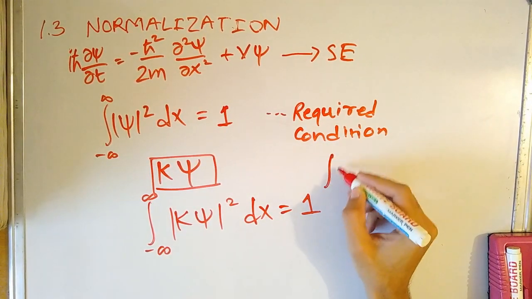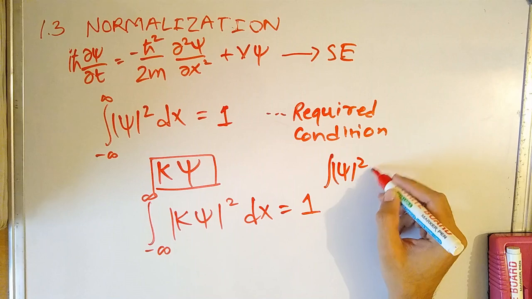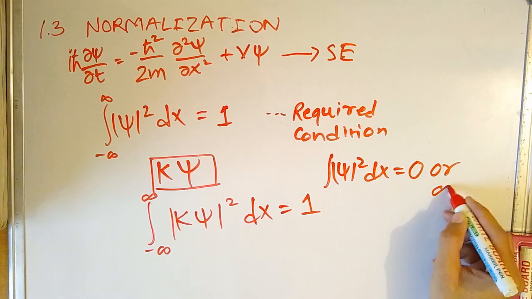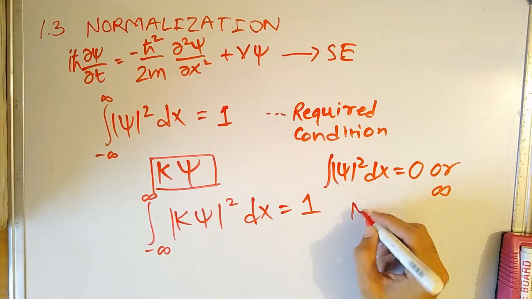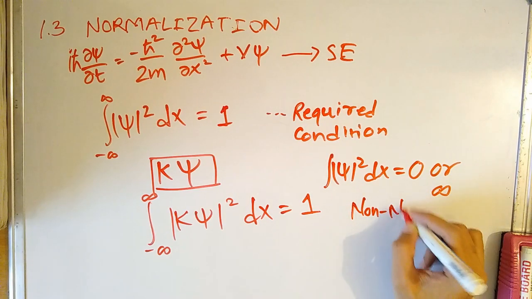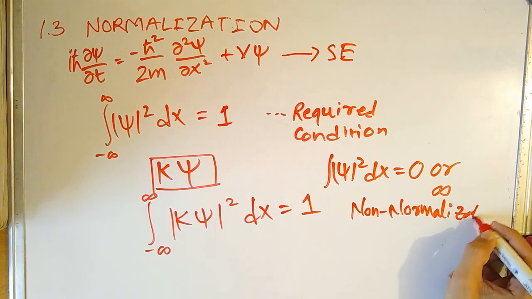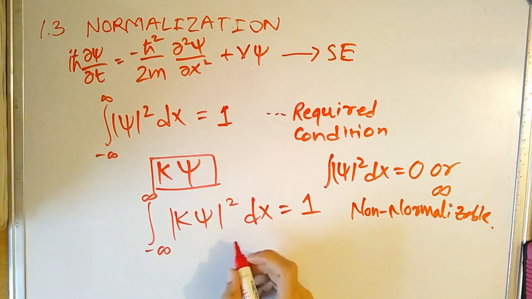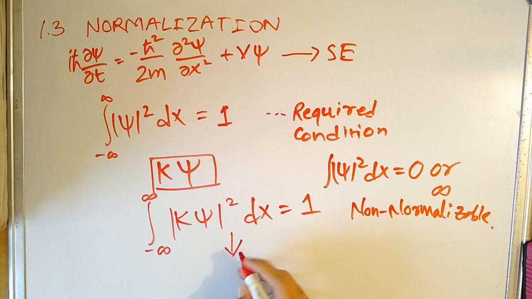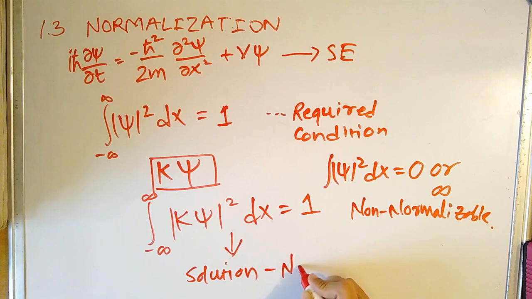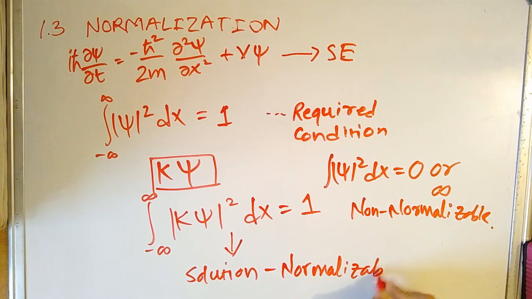If the integral of psi square dx is 0 or infinity, the solution is non-normalizable, and if it satisfies this condition, the solution is normalizable.